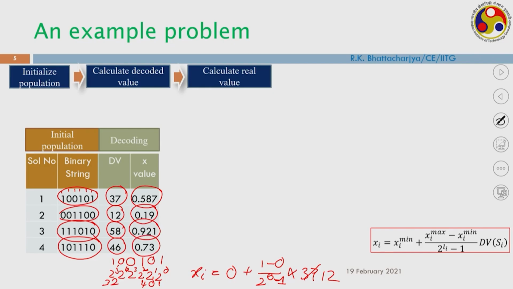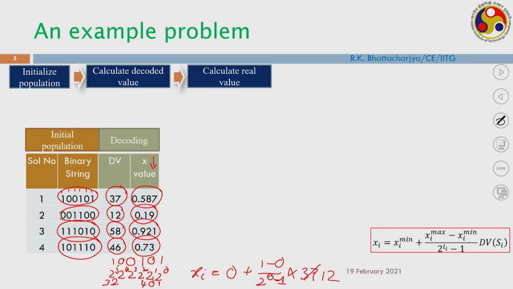So, this is one way to initialize the population. You initialize the population as a binary string, then you get the decoded value, and then you find out the x value. I can also do it in reverse order. I can generate this x value randomly. So, what are my upper bound and lower bound? I know that the lower bound is 0 and the upper bound is 1.